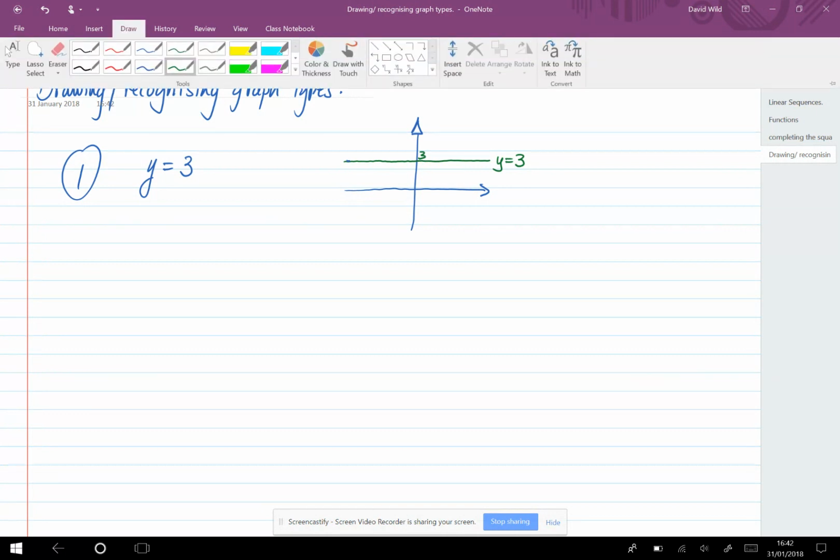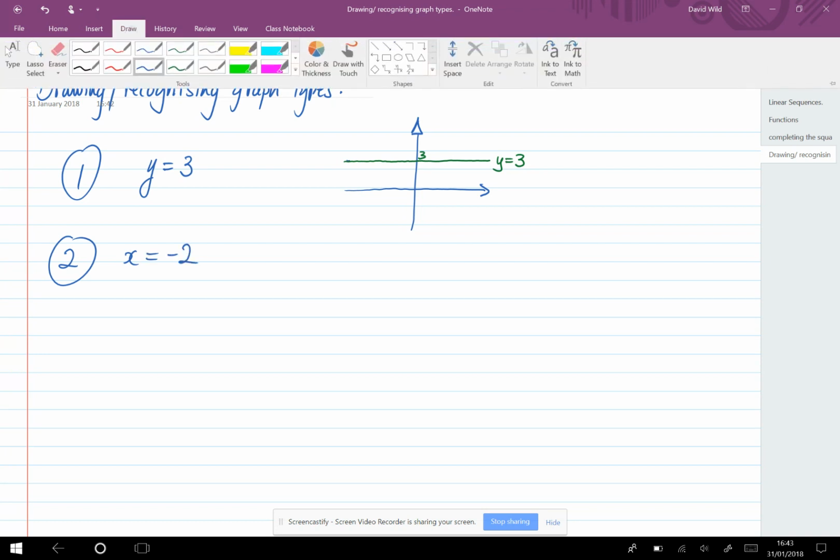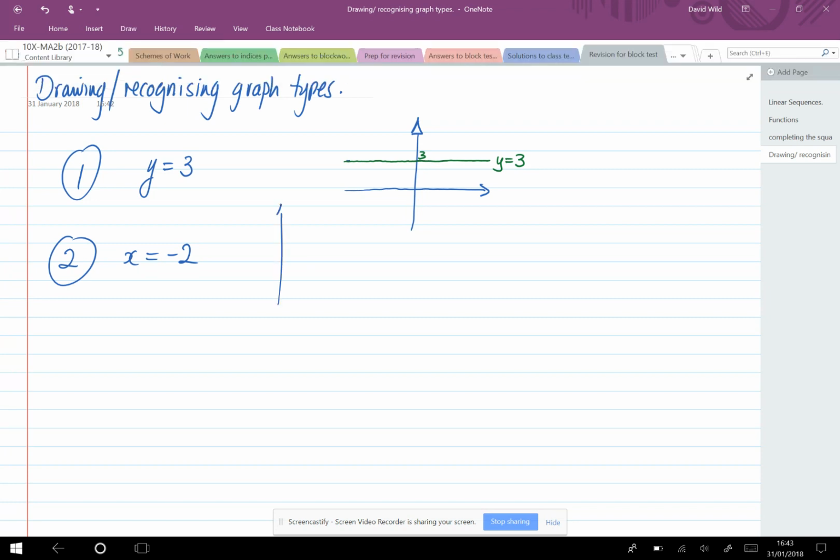Let's do the second one. What happens if it was something like x equals minus 2? Okay, I'll draw some axes. Should really label these y, x. If x is minus 2, then x is always minus 2. So here's where x is minus 2.